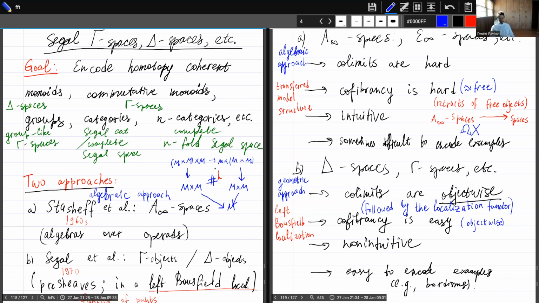But it's also somewhat difficult to encode examples because you have to specify all this data. And the situation with delta spaces and gamma spaces is basically the opposite. The definition may not be the easiest or most intuitive, but once you understand the definition, it's easy to encode examples.